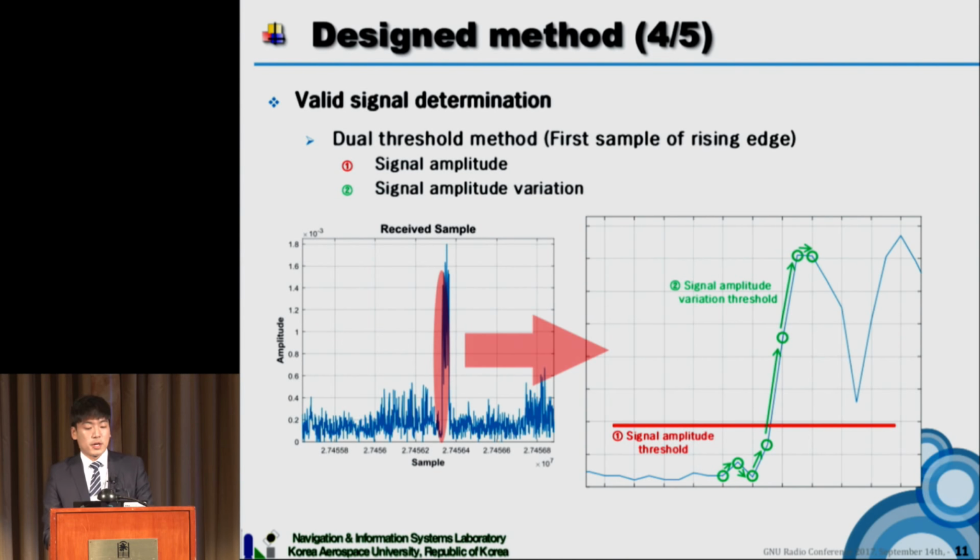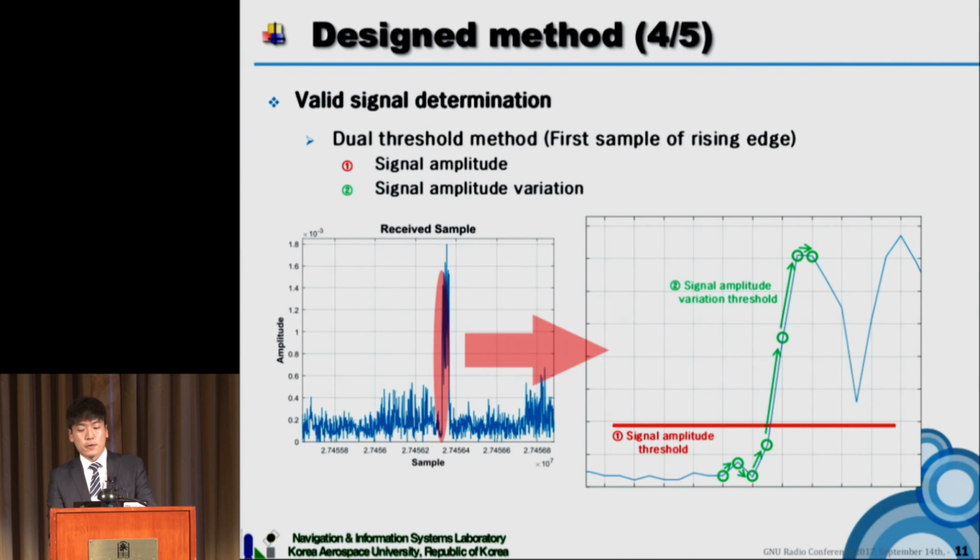A dual threshold method is applied to determine a valid signal. When the time reference signal is transmitted, at first, signal amplitude is getting higher, and signal amplitude variation between samples is also getting higher.